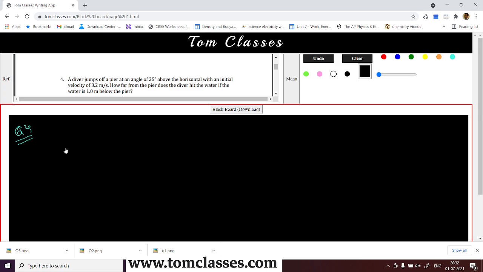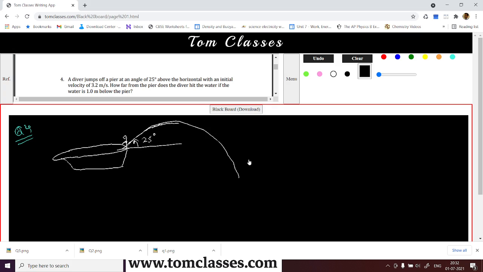So let me consider a ship, in the form of a cruise, and there is a diver over here, and it takes the dive at an angle of 25 degree with the horizontal. So it goes like this, and it's going to land in the water.